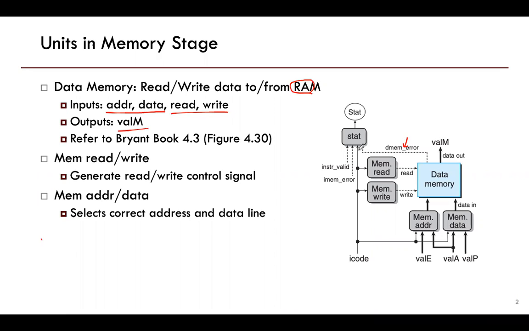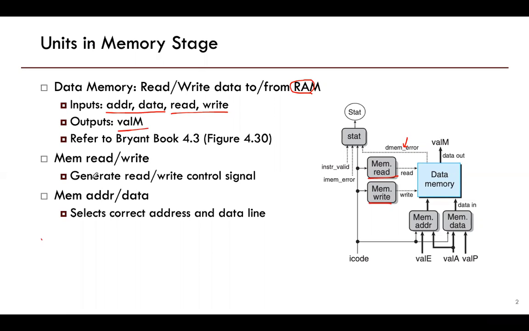All right, then let's see each control module, and how it selects or generates data signals, data lines, or control signals. First is the mem read and mem write module. You can implement these two logics in the same module, or you can make them separate.